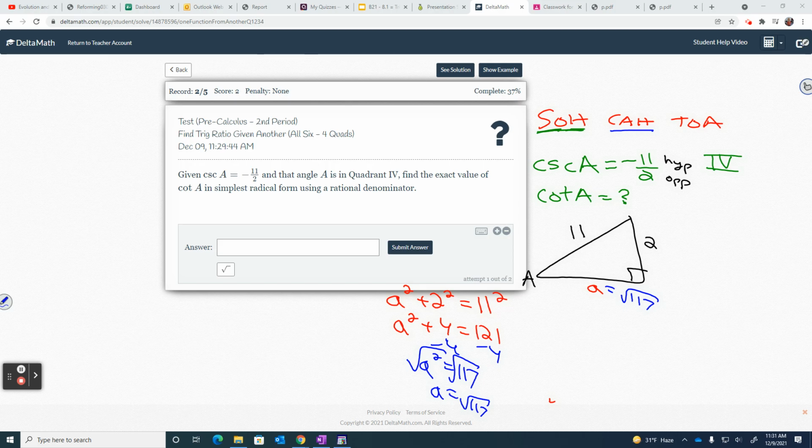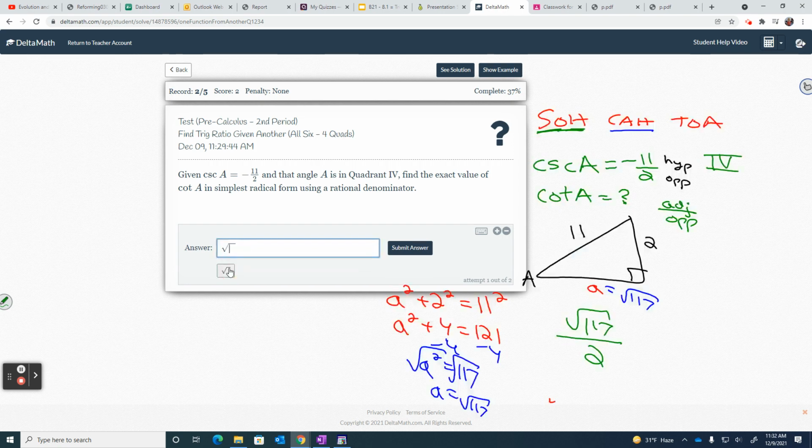Now we can finally answer the question, what is the cotangent? So cotangent is the opposite of tangent. So it's going to be the adjacent over the opposite. So the adjacent is the square root of 117, the opposite is 12. Since it's in the top, we don't have to worry about rationalizing it.